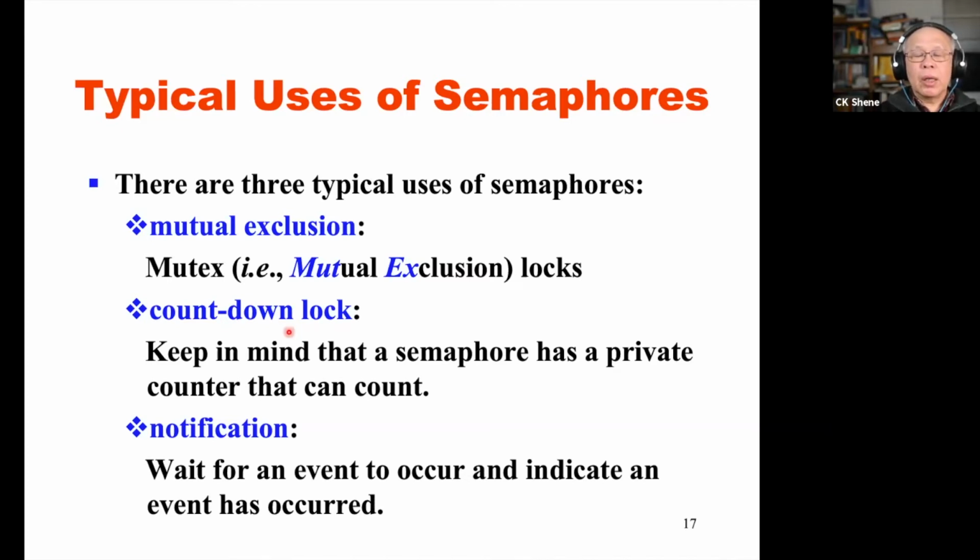So the countdown lock is, simply put, it counts how many threads have passed that wait call. Once the counter reaches 0, all the subsequent threads will be blocked. In some way, the mutual exclusion is also a countdown lock because we just set the initial value to 1. Well, we'll see this later.